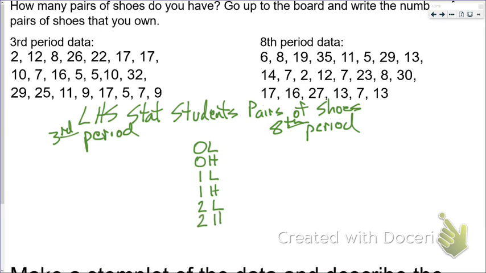So what I'm going to do is make a few numbers, and then I'm going to hit pause, and it'll suddenly appear. So maybe try to make your graph without me and see if we get the same graph. So on the eighth period side, I will put a 6 right here, an 8 right here, a 9 right here, a 5 right here, and this is where it gets weird because the next number is an 11.